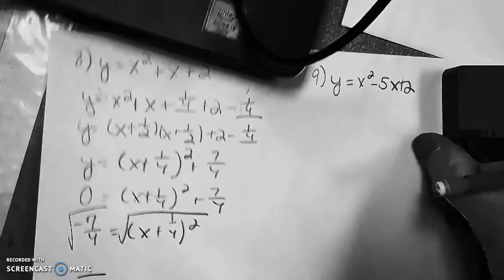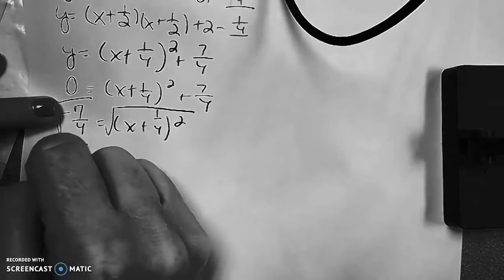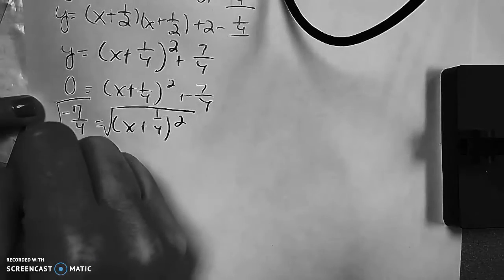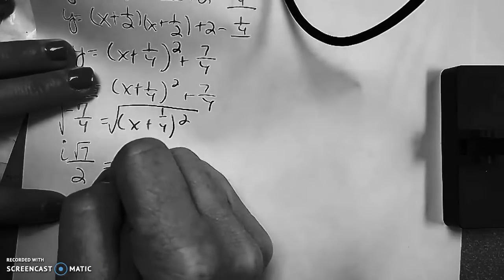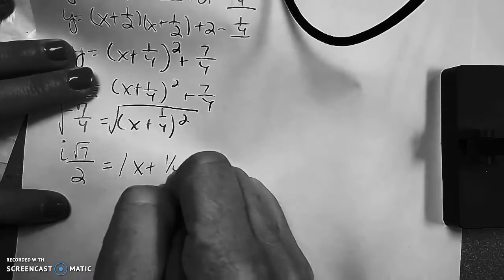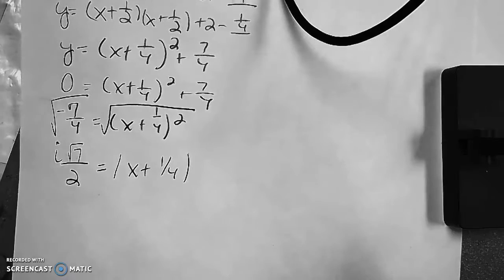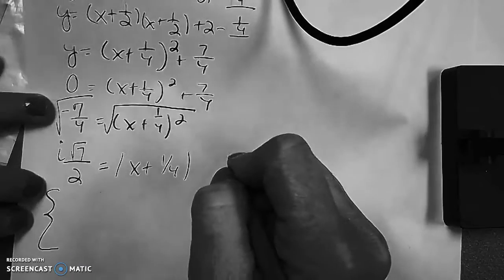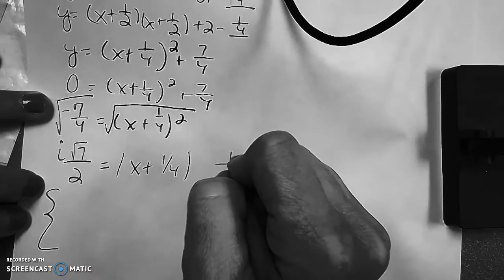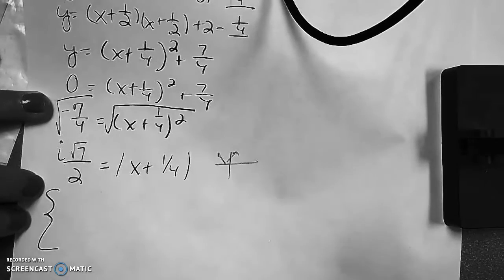I cannot take the square root of 7, and the square root of -1 is i. Whatever comes out of a square root must be positive, so I need absolute value. That means I need a piecewise, because absolute value is made up of 2 pieces. So I have to find the equation for each piece.